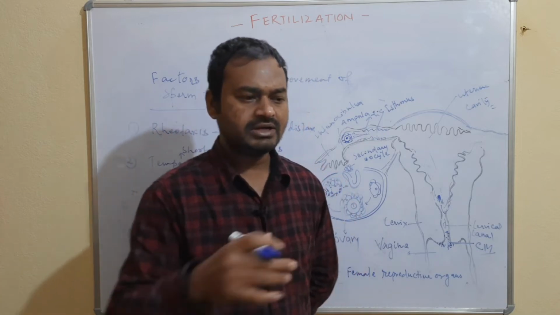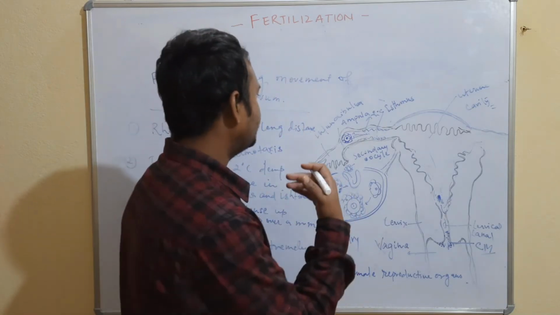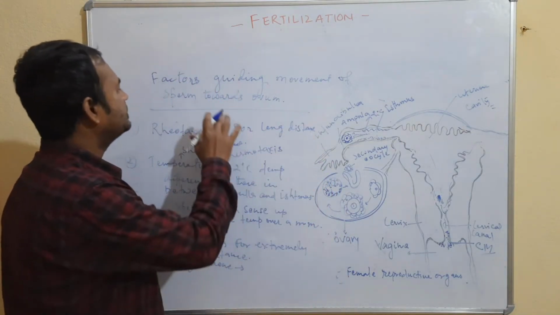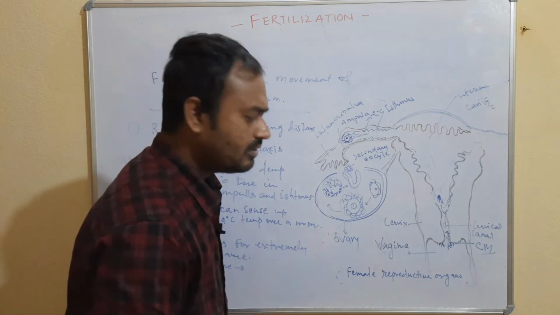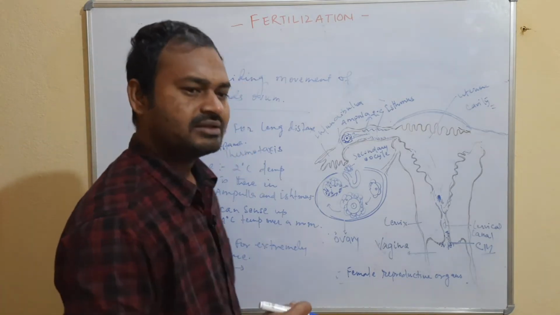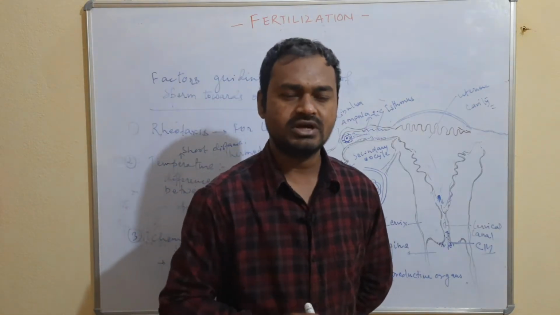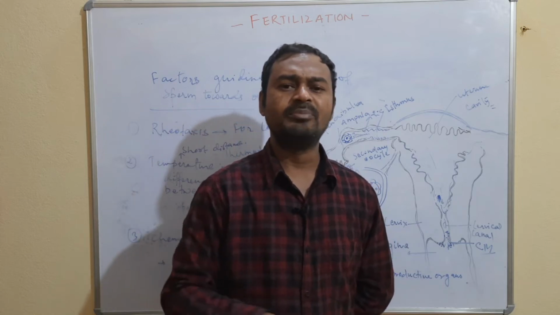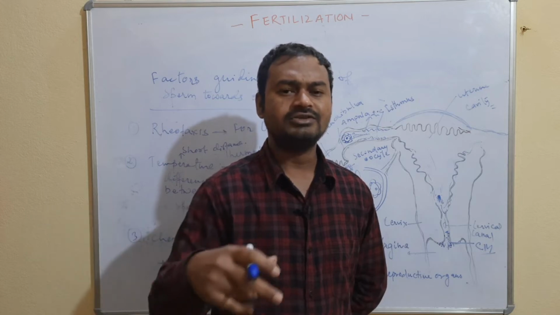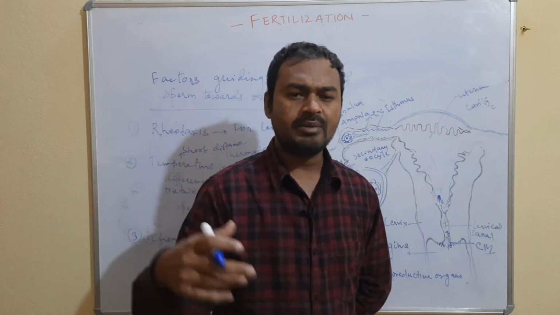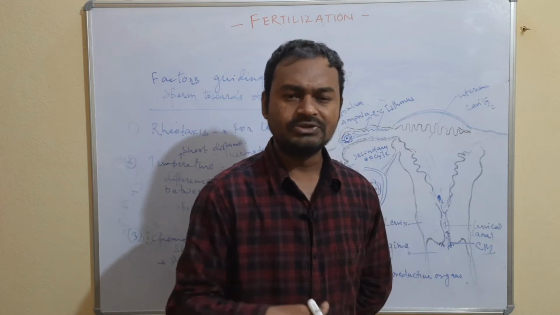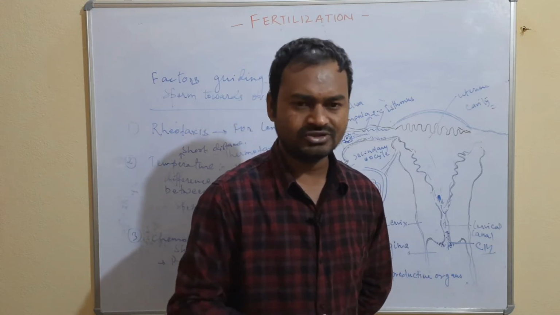So till now we have studied the factors guiding the movement of the sperm towards the ovum. After it reaches the ovum under the influence of progesterone, there is hovering of lots of competent sperms to fertilize the ovum, to penetrate the upper layer called the cumulus of the ovum, and to reach the zona pellucida.